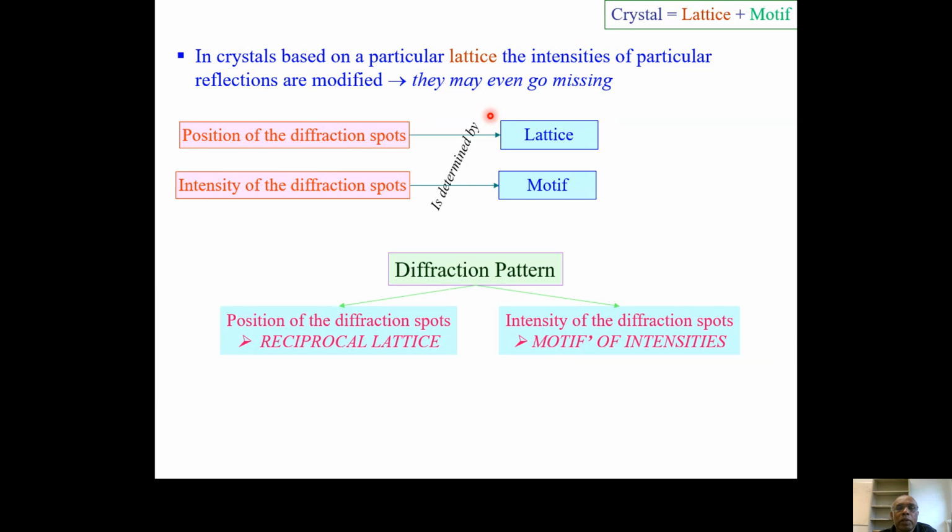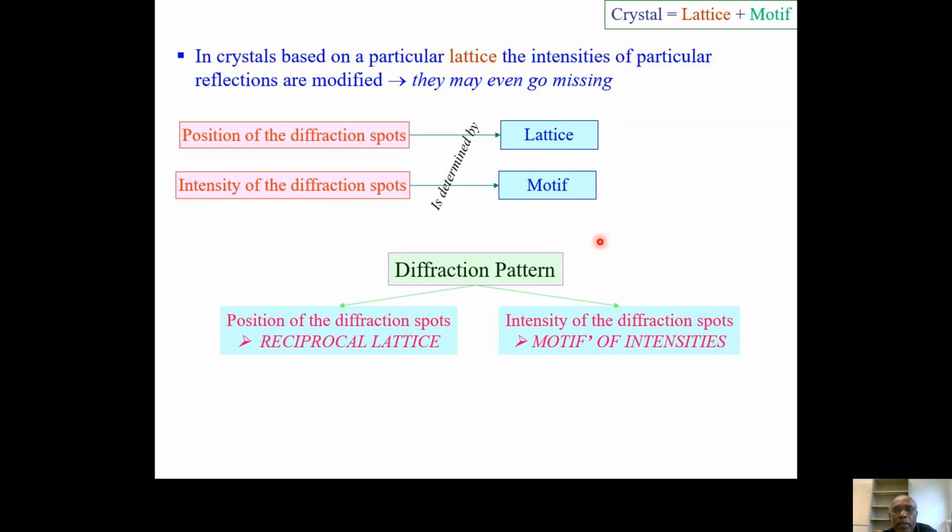That's determined by the lattice, the geometrical lattice space. Then the intensity, whether it's a stronger peak or weaker peak, is determined by the basis. So what is in that lattice, what you are going to attach, that's what we need to understand.